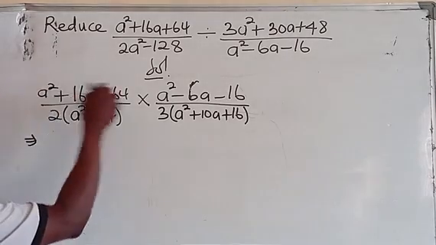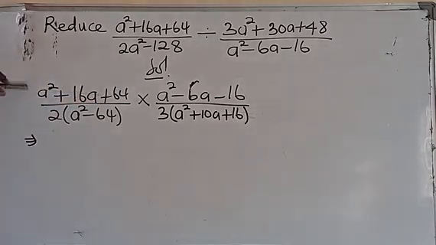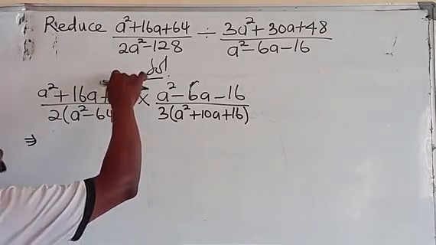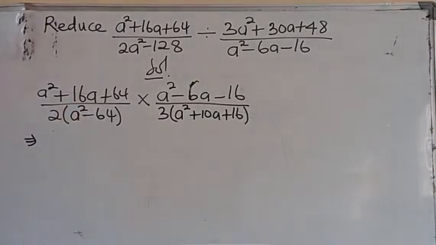Now, this is a quadratic expression, so we have to factorize this thing first. We are looking for two numbers that when you multiply, you get 64, and the same two numbers, when you add, you get 16. This is very simple. That is 8 times 8. So 8 times 8 is 64, and 8 plus 8 is 16.